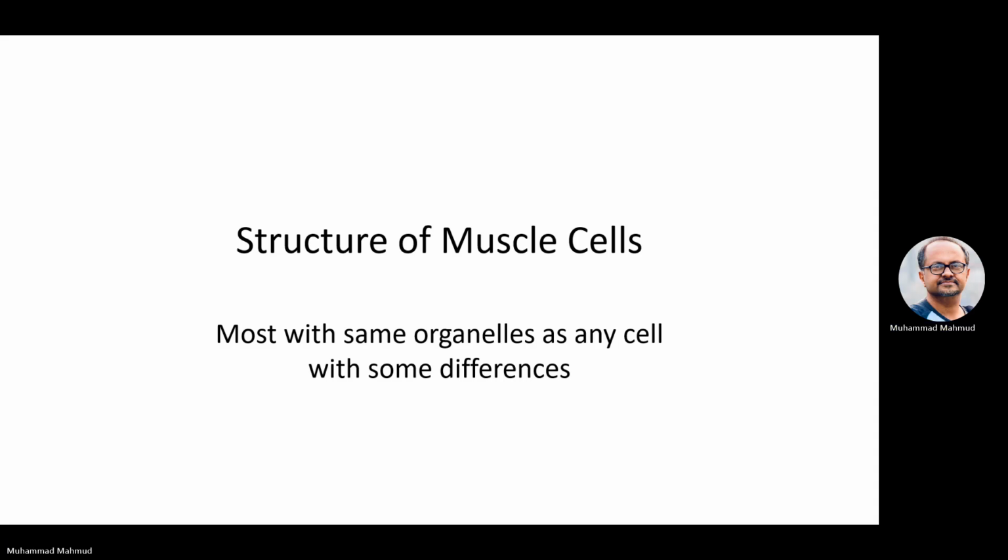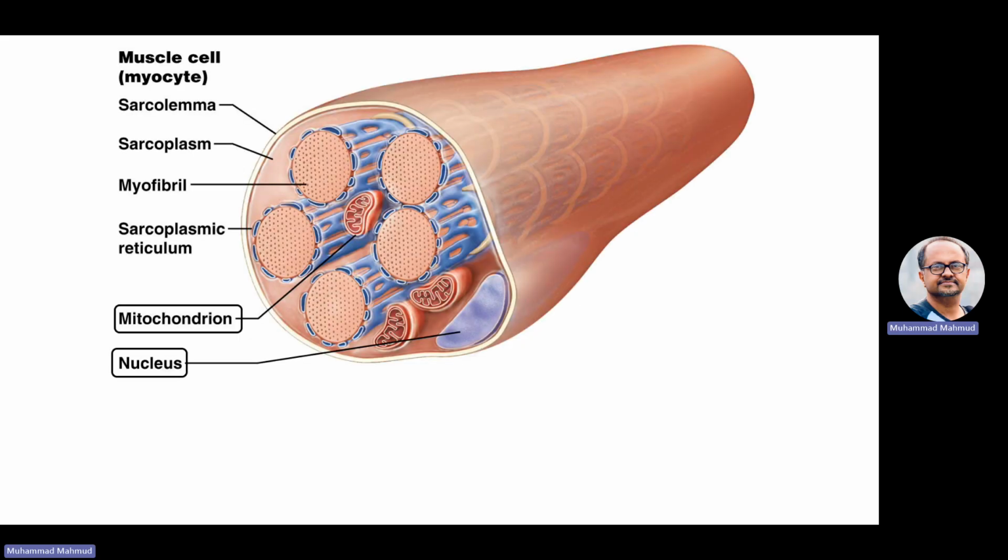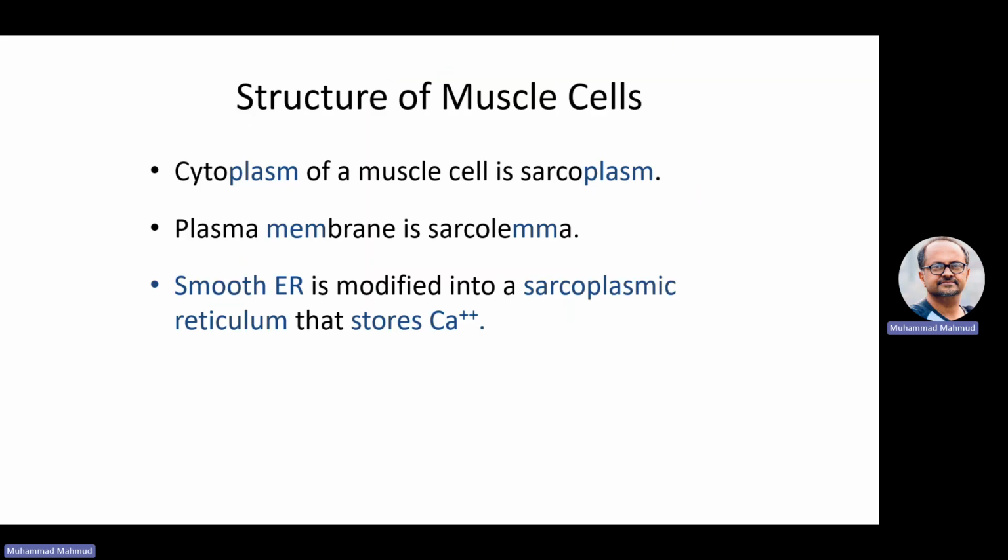Now, let's take a look at the structure of a muscle cell. Most of the muscles have the same organelles as any cells with some difference. We want to start with this diagram. You see this myocyte. Myo means muscle, cyte is cell. So muscle cell. And the plasma membrane of a cell, in case of muscle, we call it sarcolemma.